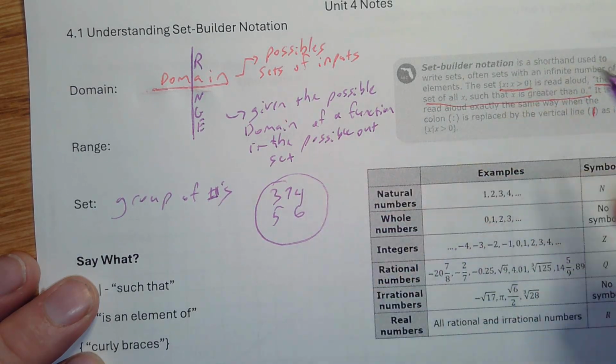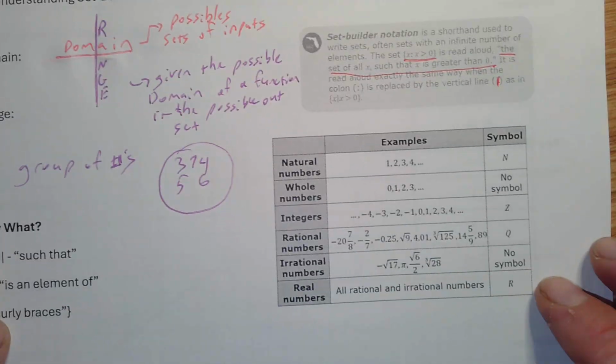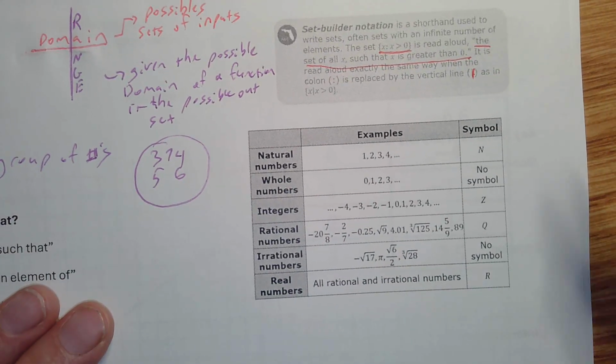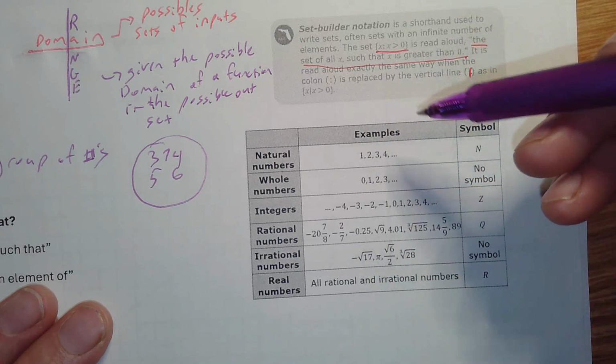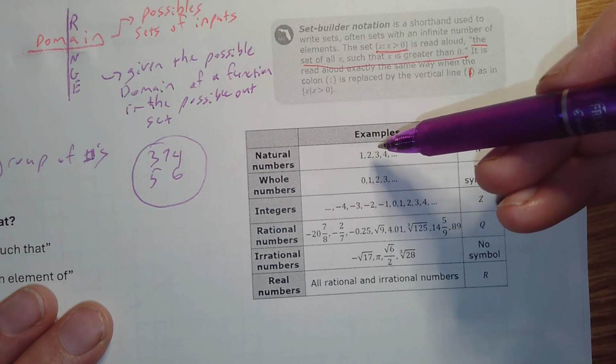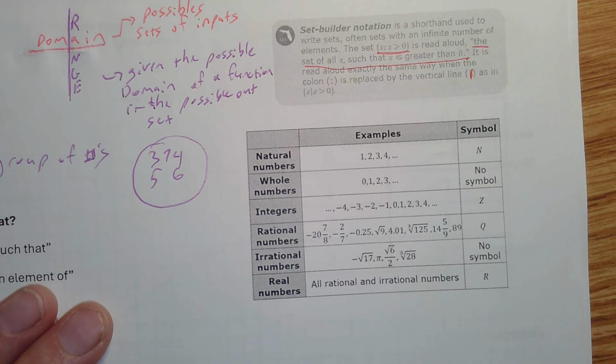That's a set of numbers. And we have different types of numbers. Remember, we have natural numbers, and those are numbers like 1, 2, 3, 4, 5. They don't have any decimals or anything like that.